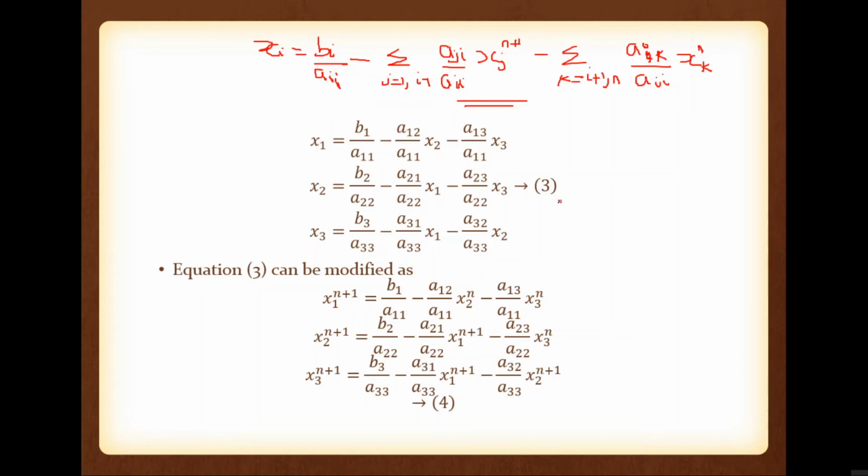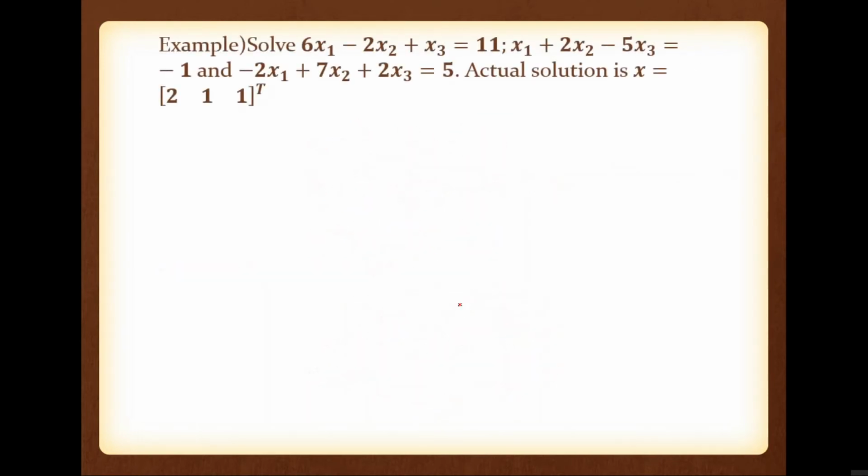So now we can solve a problem by using Gauss-Seidel method. So take the same problem that we used in last class. Solve 6x1 minus 2x2 plus x3 equal to 11, x1 plus 2x2 minus 5x3 equal to minus 1, and minus 2x1 plus 7x2 plus 2x3 equal to 5.